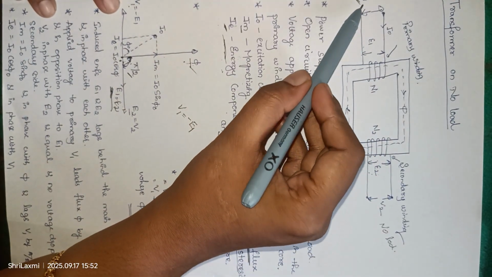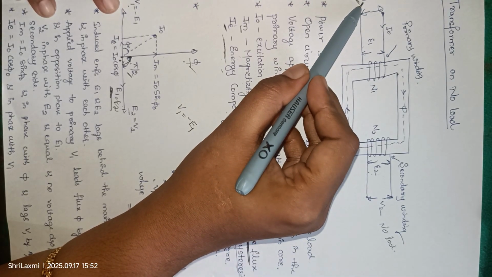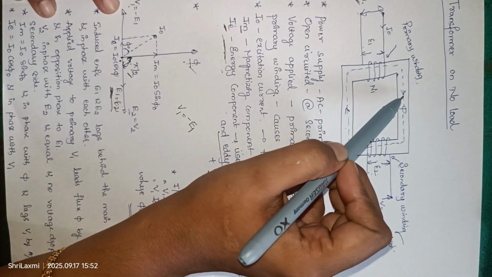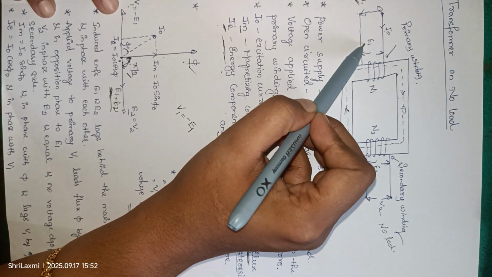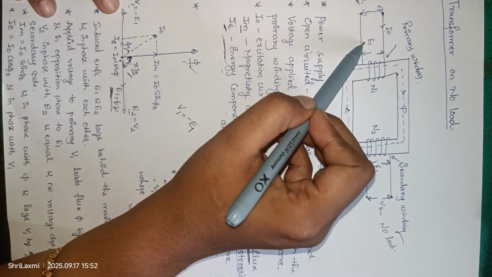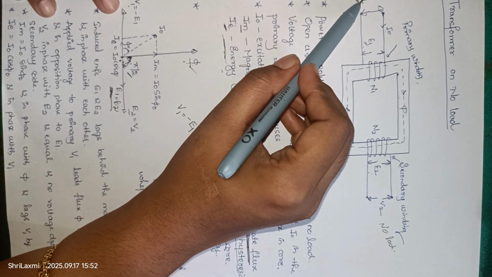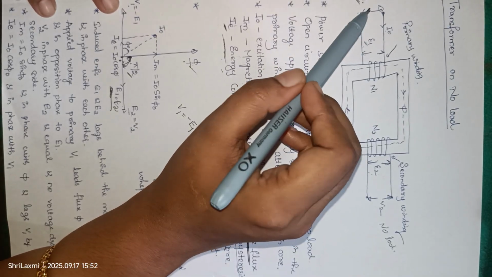Here V1 is the supply voltage, and through this V1 the I0 is produced. I0 produces the flux, and when this flux links with the primary winding, it produces the EMF in the primary winding. But this EMF is always in opposition with the power supply V1, and they are in phase.